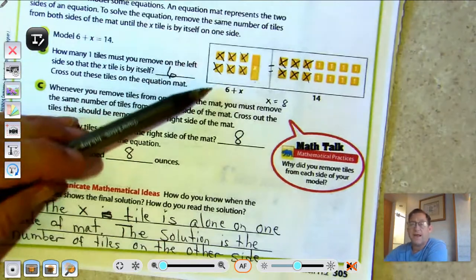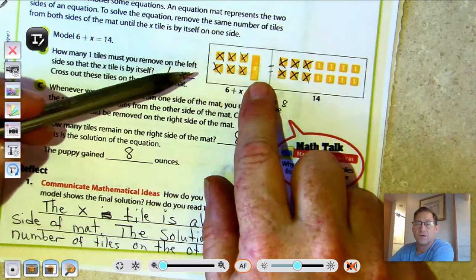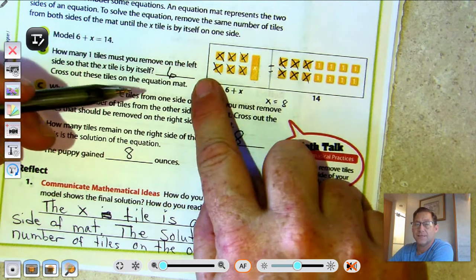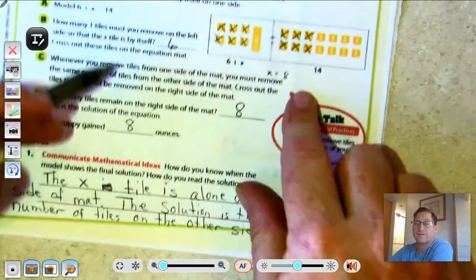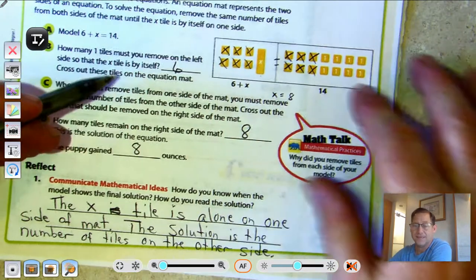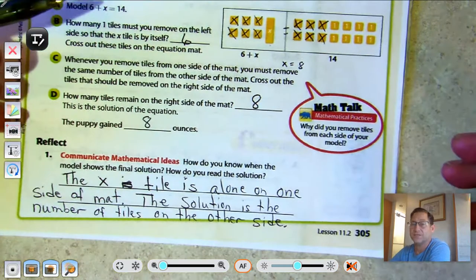So in our mat model, we crossed out the 6 ones so that the x was left by itself. The amount of tiles left on the other side, that's the solution.